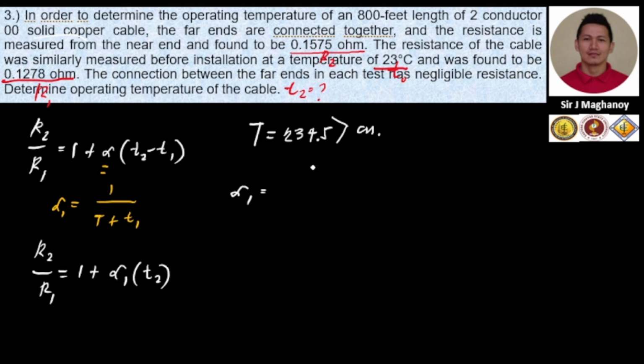So now we can derive our temperature coefficient. This is equal to 1 over 234.5 plus your initial temperature, that is 23.